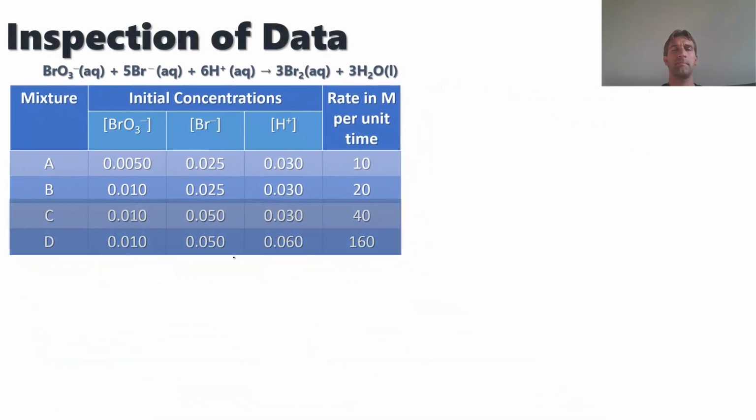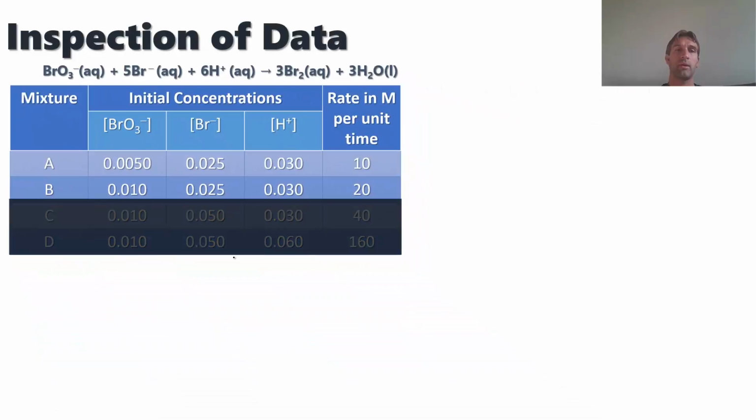Now, let's begin here. For now, I only want to focus on mixtures A and B. What we're going to see with mixtures A and B is that we go from 0.005 molar to 0.01 molar. That's an increase by a factor of 2. We've doubled the concentration.